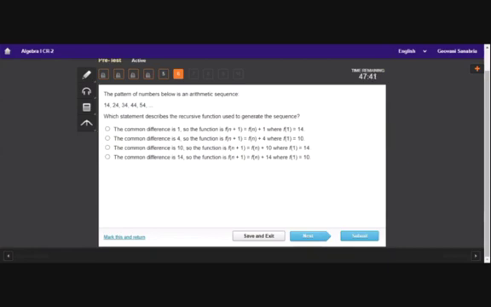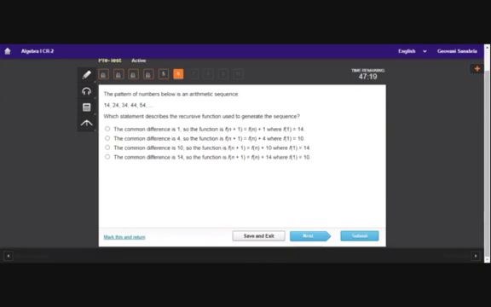Well, okay. Which 2 answers is it not? So it's not the tens. Right. The second answer and the fourth answer, because f of 1 means the first term. The first one, yeah.